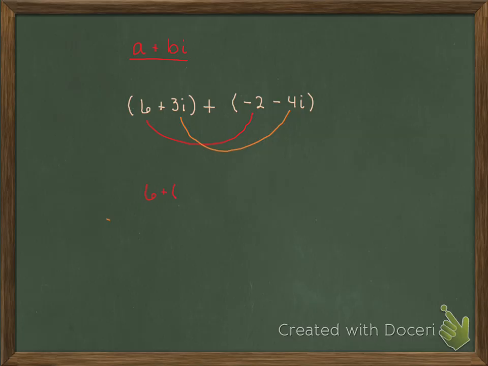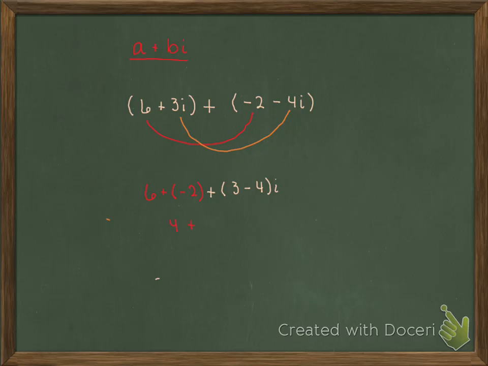6 plus a -2, that will give us our real part, and then the imaginary part is 3 minus 4, with a plus in between. So 6 plus a -2 is the same thing as 6 minus 2, which is 4.